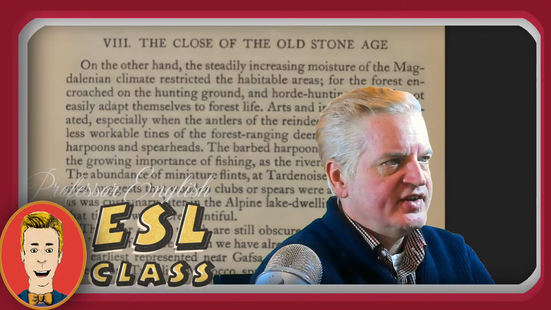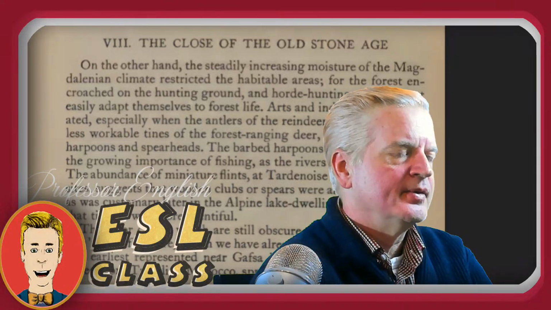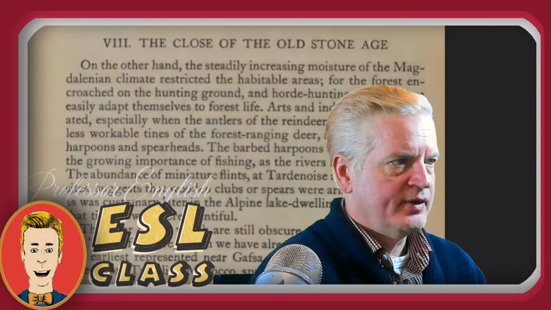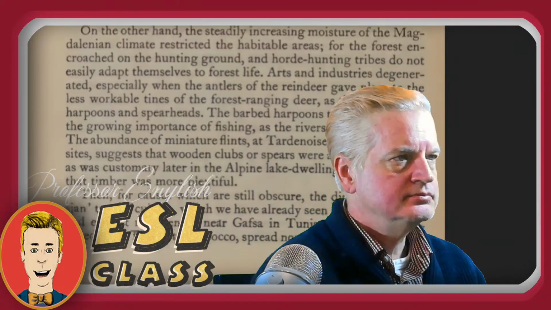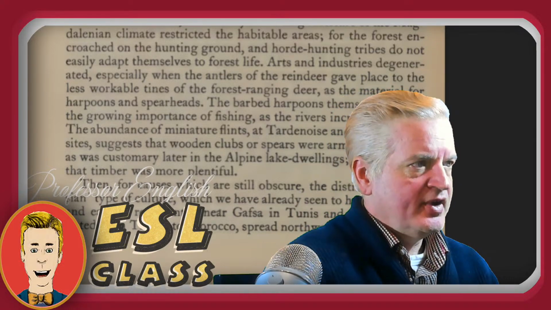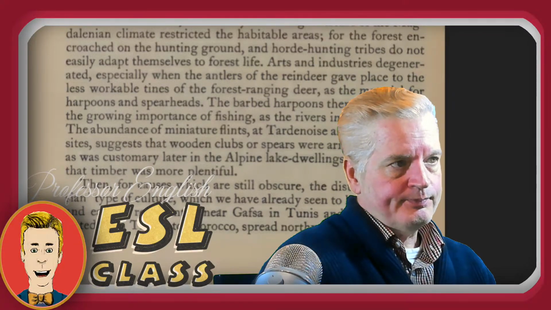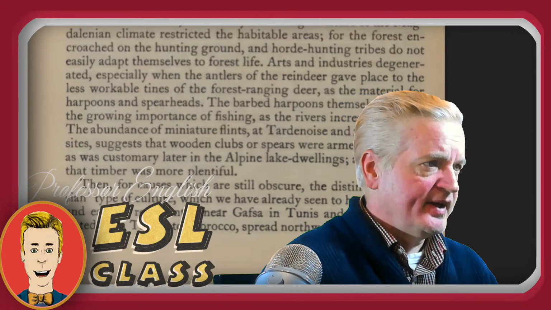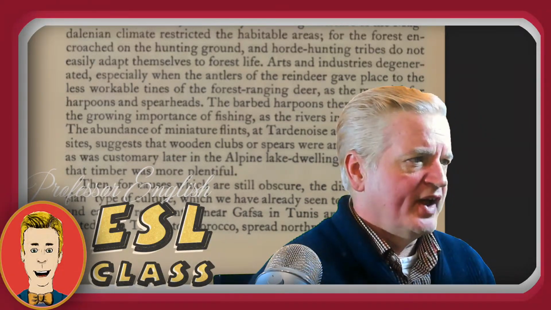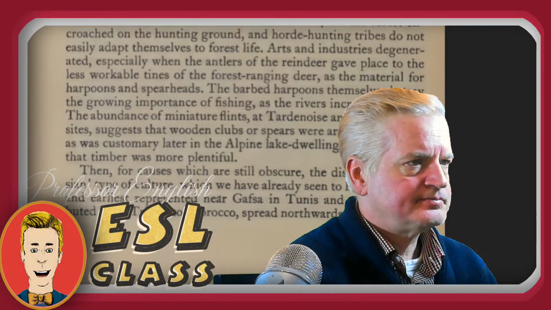On the other hand, the steadily increasing moisture of the Magdalenian climate restricted the habitable areas. For the forest encroached on the hunting ground. And horde hunting tribes do not easily adapt themselves to forest life. Arts and industries degenerated, especially when the antlers of the reindeer gave place to the less workable tines of the forest-ranging deer.